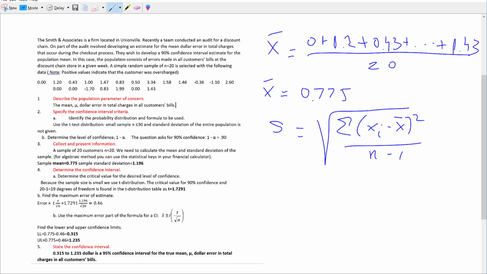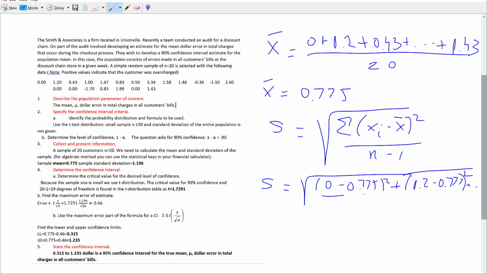So it is the square root of the first value minus the mean .775 squared, plus the second value 1.2 minus .775 squared, plus and so on, divided by n minus 1, so 20 minus 1, which is 19. If you calculate the standard deviation, you have 1.196.